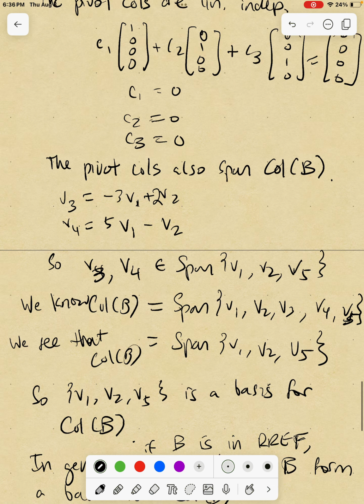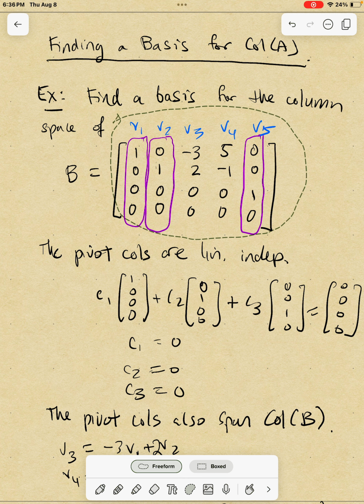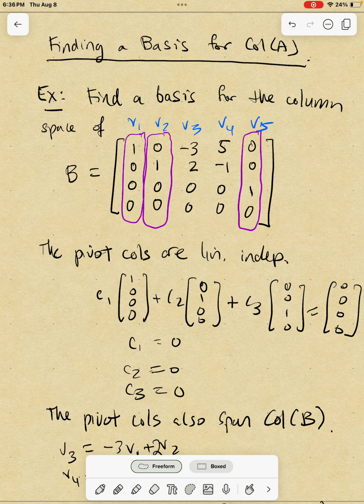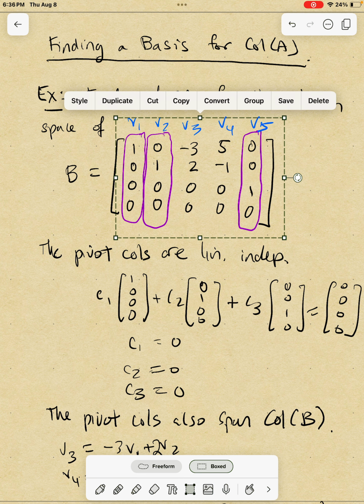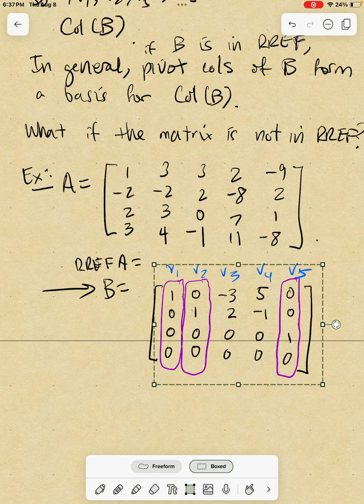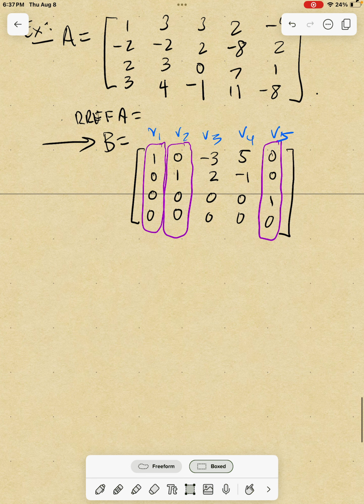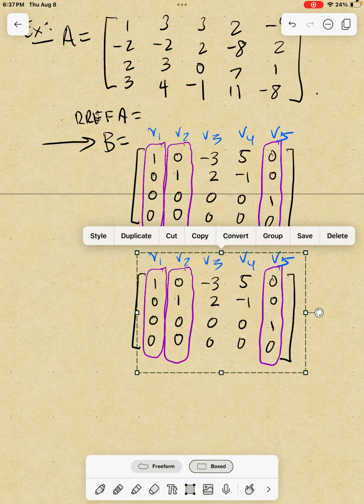Oh, maybe I can copy and paste. Try this one more time. Okay, why don't I just move it here?